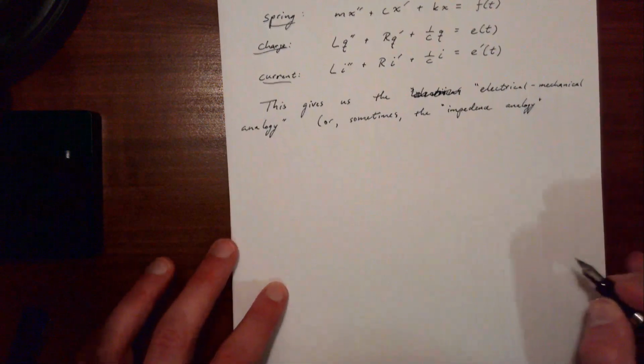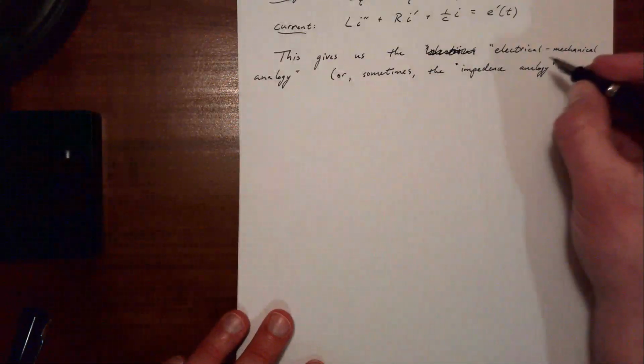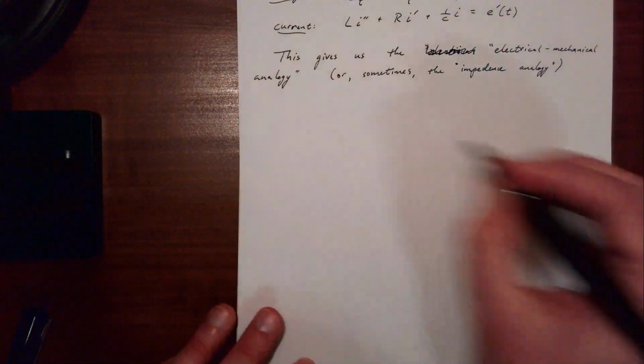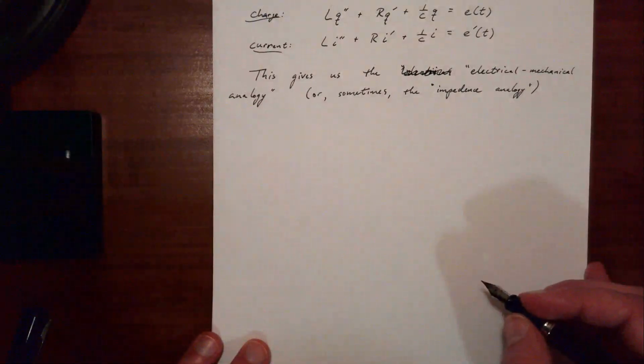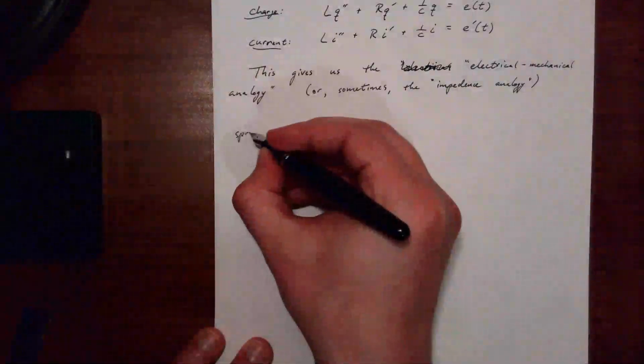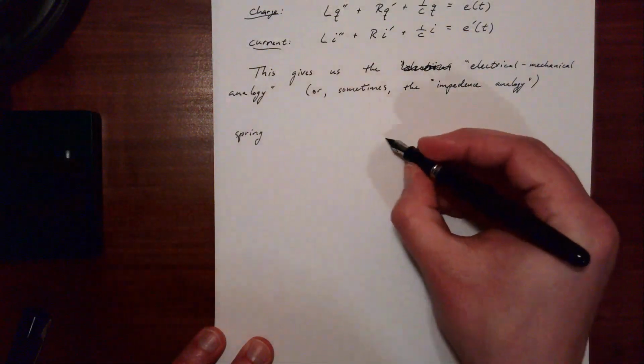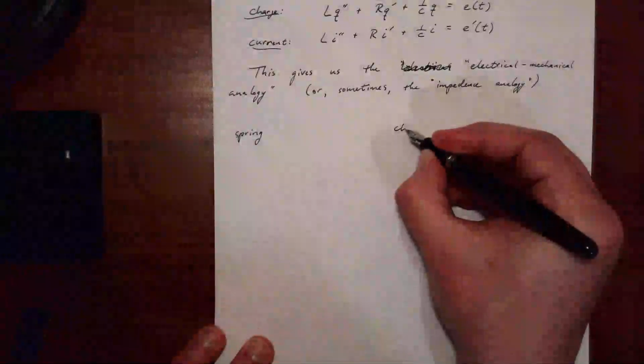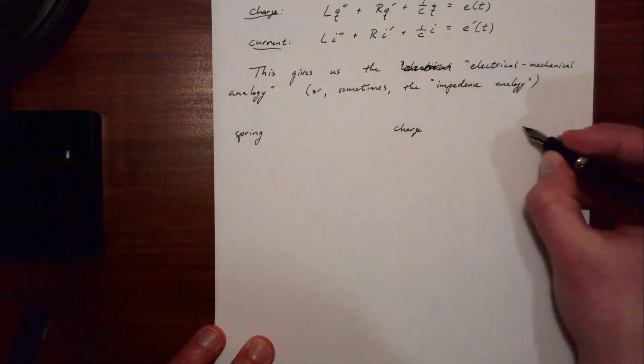And in particular, we can line things up and look at what is analogous to what. So from the spring, from the charge, and from the current.